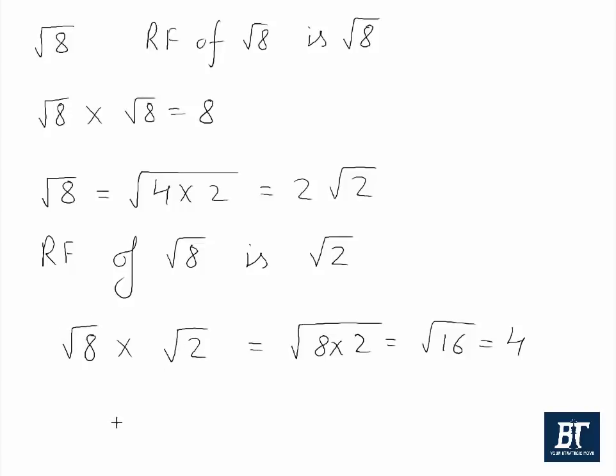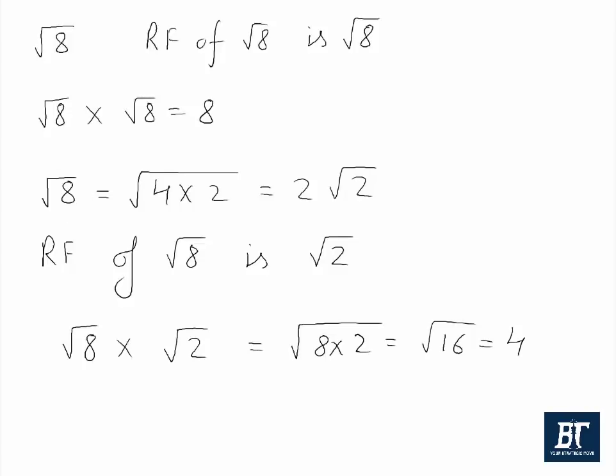I'll repeat the steps. First we simplify the given surd. Here we got 2 root 2. If we want to rationalize this, we only need to rationalize root 2 and not the whole number. So the only thing we need to multiply this by is root 2. So root 2 is the rationalizing factor of root 8.